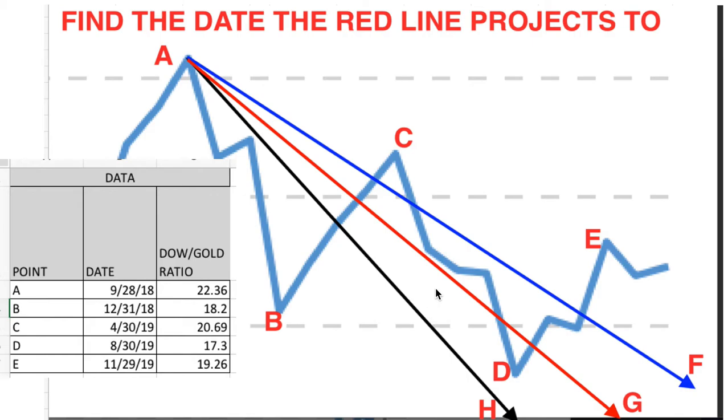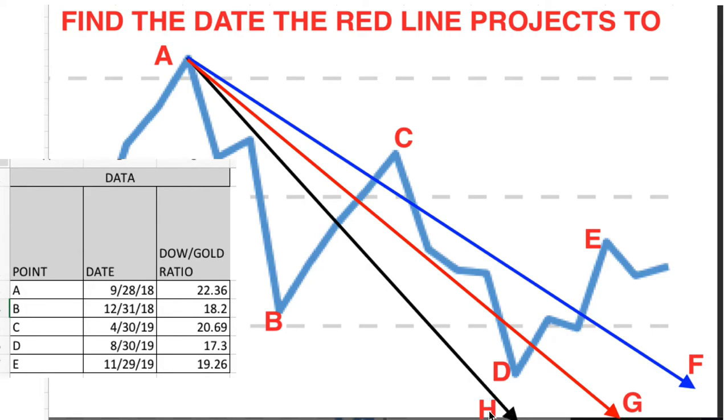And what this problem amounts to, find the date, you need to do a little bit of math, a little bit of algebra 1. You take this point, which is a date and a number, and then what I did was I said, well, B and C, the midpoint, and I projected out to a date.